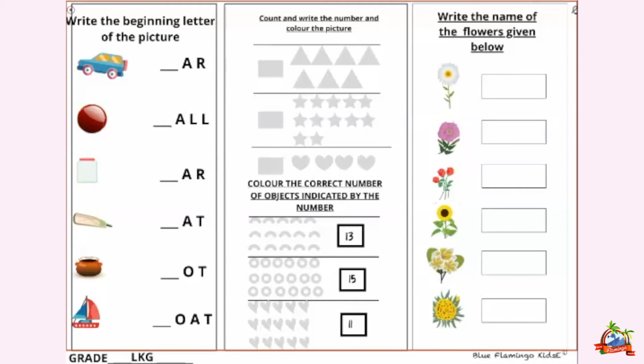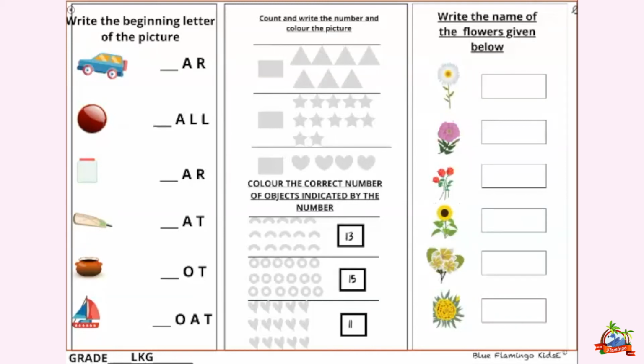V for vase. W for watch. X for Xmas tree. Y for yacht. Z for zebra. So we have read A to Z with one words.